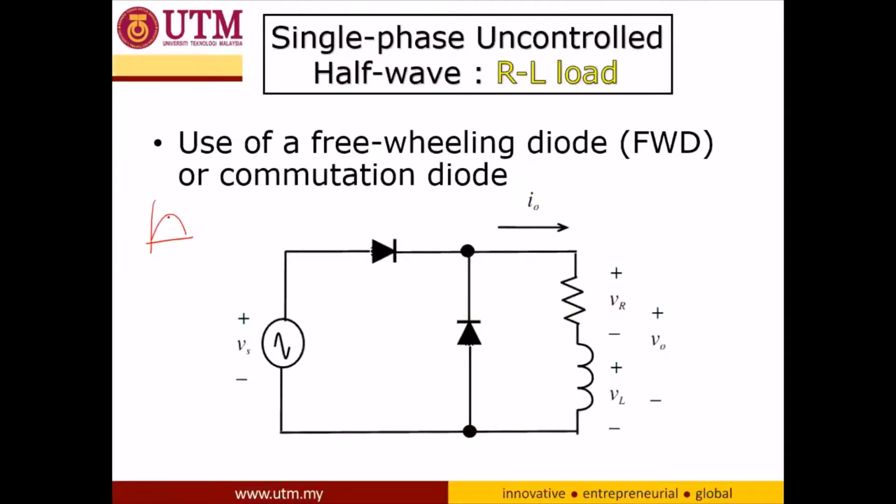During the first cycle of the voltage source, the polarity is like this. So the anode is much more positive compared to the cathode, meaning that this diode is on.